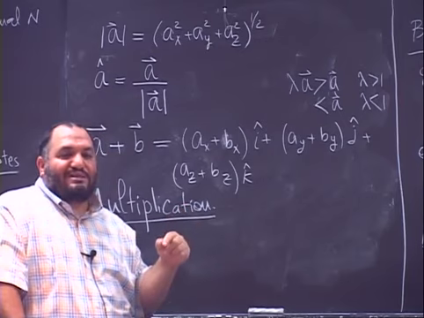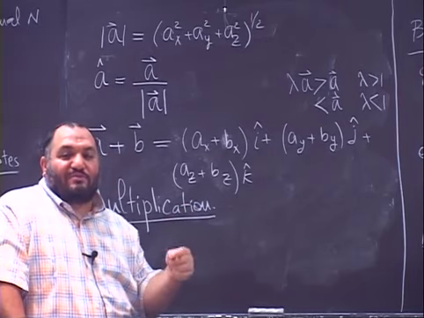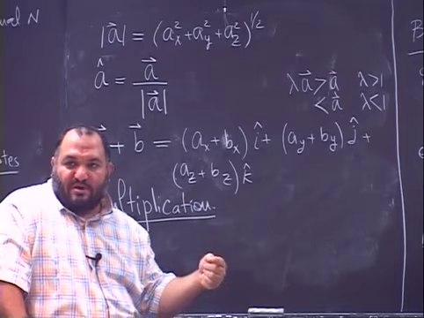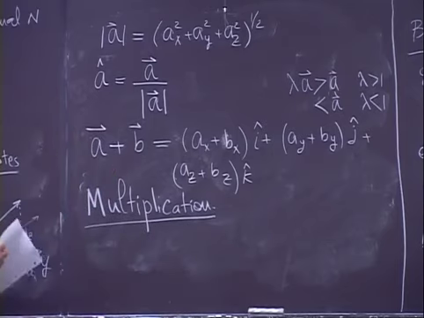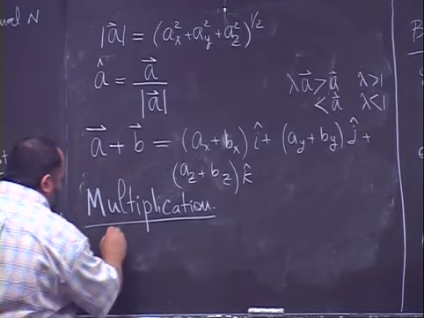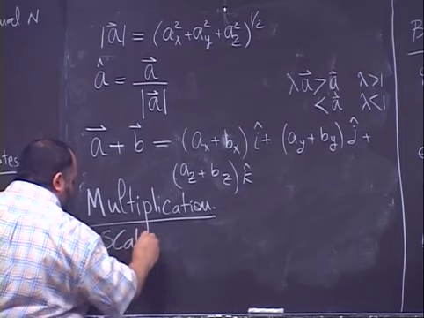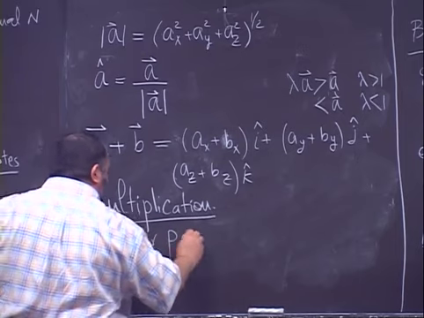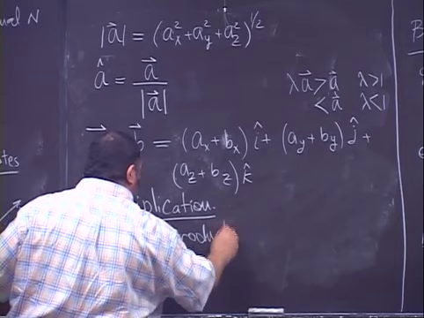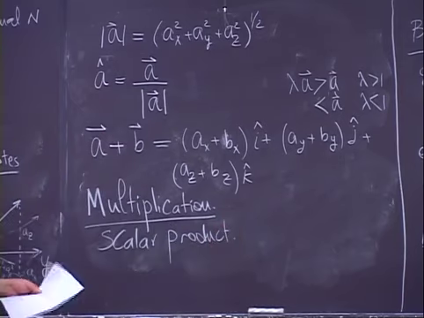So now, what about the vector multiplication by a vector? We have two things. The first one is called the scalar product for vectors.